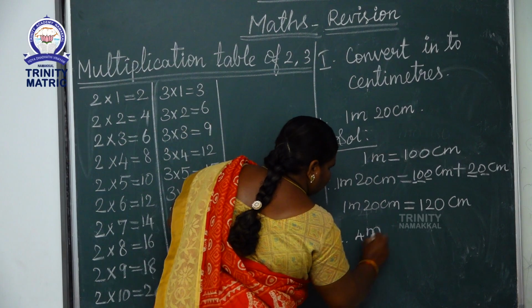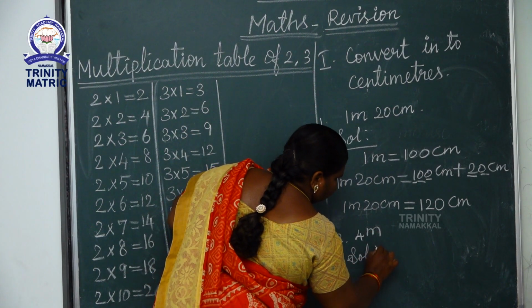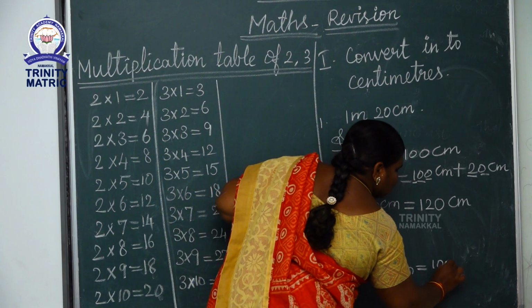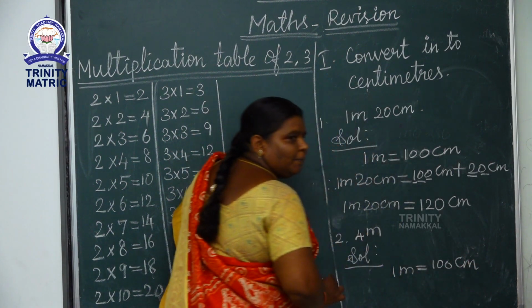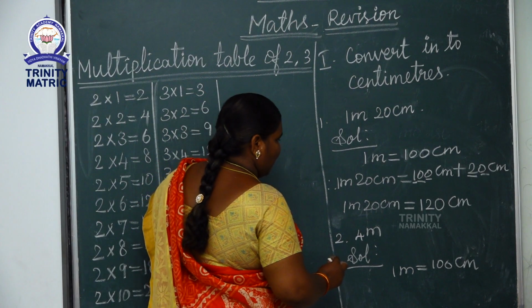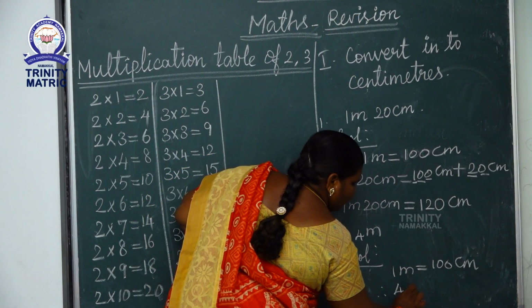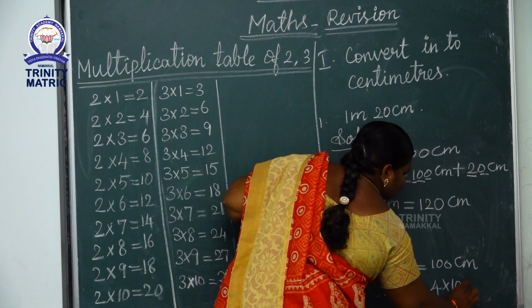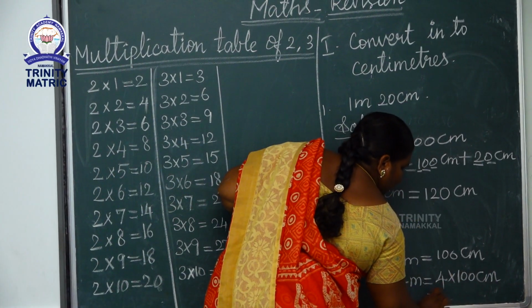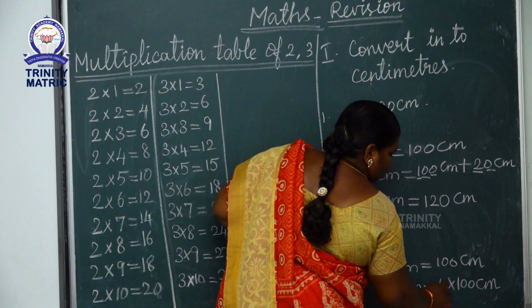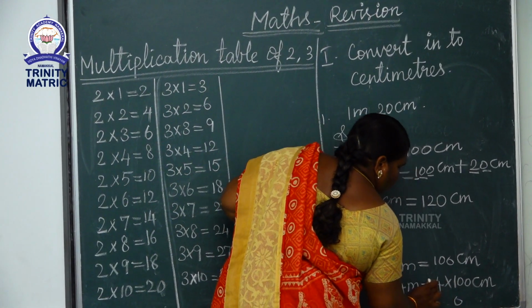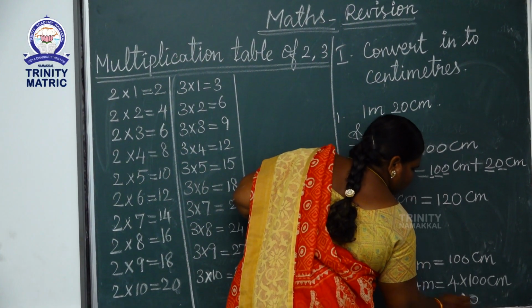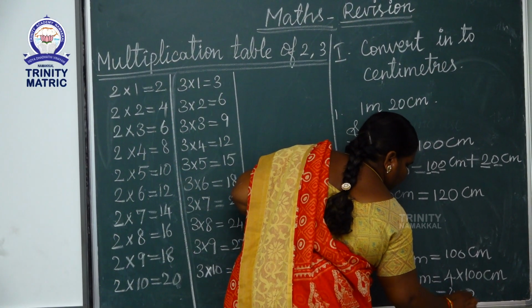4 meter. 1 meter is equal to 100 centimeter. Therefore, 4 meter is equal to 4 into 100 centimeter. 4 into 100, how much? 400. 4 ones are 4.